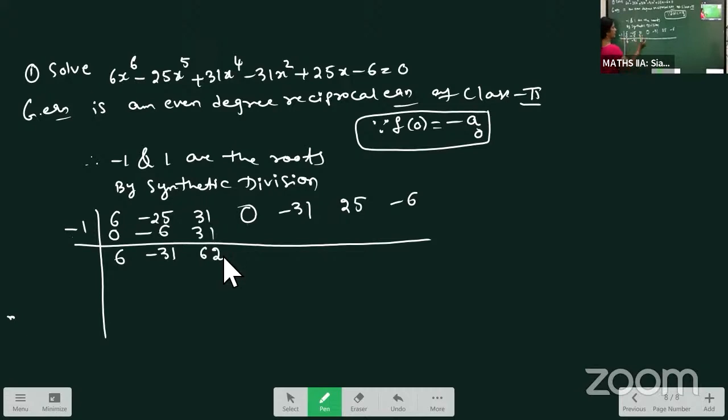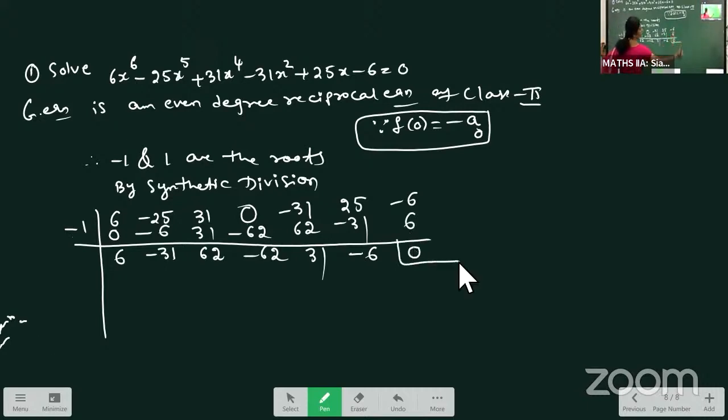Multiply, minus 1 into 62 is minus 62. 0 minus 62, minus 62. Again, minus 1 into minus 62, plus 62. 62 minus 31, 31. Minus 1 into 31, minus 31. Again, 25 minus 31 is minus 6. Minus 1 into minus 6 is plus 6. Minus 6 plus 6, 0. Last place, remove. Again, you have another root 1. Same, take 1 and do division again.